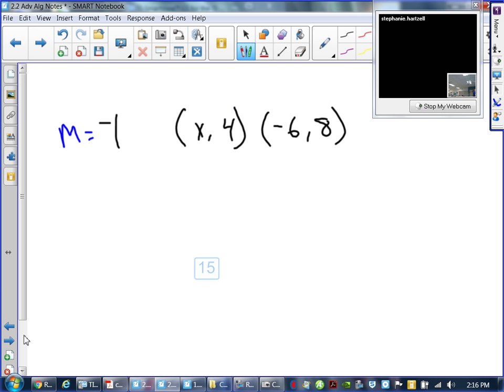But I want to solve for the missing value. So a lot of times what we'll do, instead of just, here's two ordered pairs, find the slope, that's too easy. So I'm going to give you a slope and have you find the missing value, which basically works out to be a simple, straightforward equation.